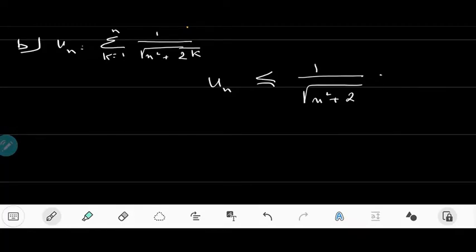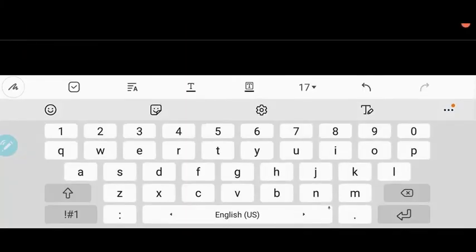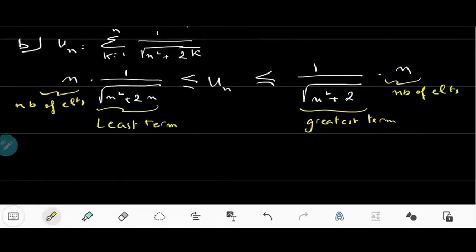K going from 1 to n means that we have n terms, and un is greater than 1 over the least term, which is square root of n squared plus 2n, times the number of elements, which is n. So again, 1 over square root of n squared plus 2 is the greatest term times the number of terms, which is n, and 1 over square root of n squared plus 2n is the least term times n, which is the number of terms.